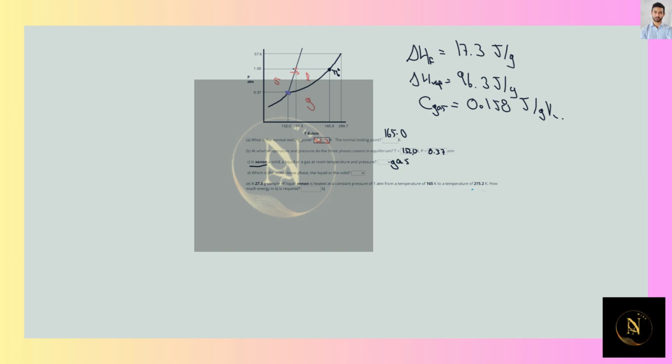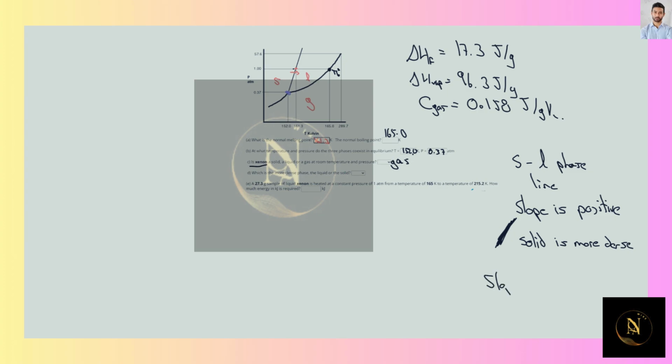Which is the more dense phase, the liquid or the solid? So in this case, to know which one is going to be more dense, we're going to look at the solid-liquid phase line. If the slope is positive, that means that the solid is more dense, and it is characterized by a positive slope.